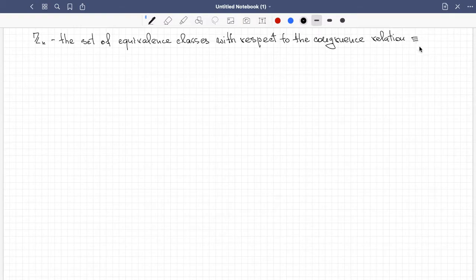This was the relation: two integers are in relation if they are congruent modulo n. Here n is a positive integer. These equivalence classes with respect to the congruent modulo n relation are called congruence classes.